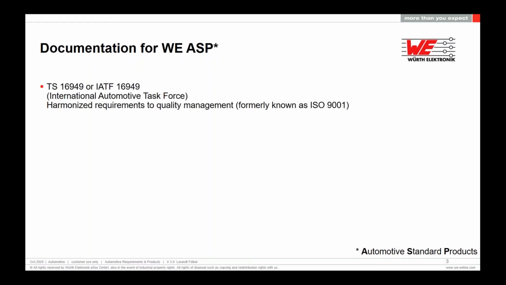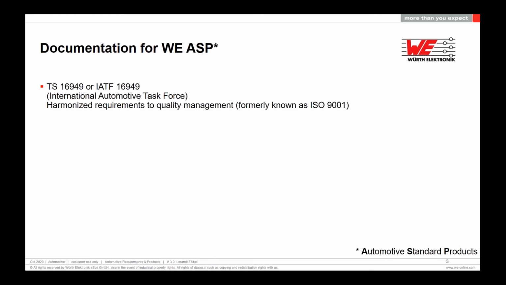What do all these different short numbers and abbreviations mean? WE-ASP, like I wrote on my slide, is also called Automotive Standard Products. So at Würth Elektronik, we defined components which are standard from stock, and you can get them from stock, which are produced according to TS 16949, which was valid until 2017.